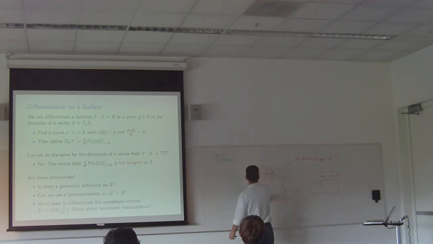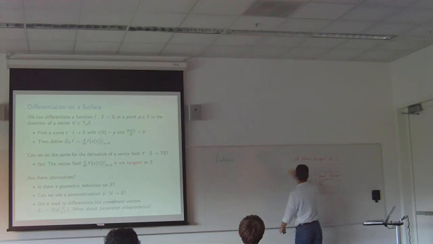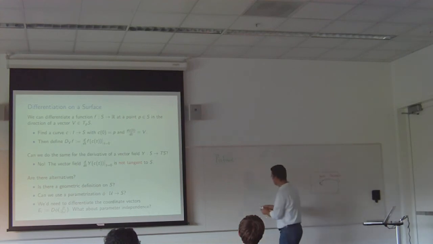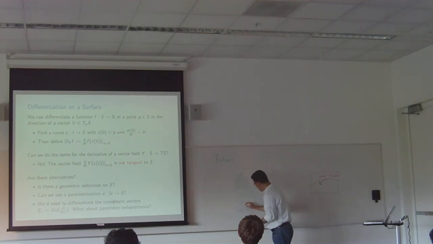Let me just reinforce what I said about differentiating the parameterization with the picture, because I'm not going to talk about it more, but it is still something important to realize. If this is your surface, and you have a parameter domain down here, and your parameterization, then you have the coordinate vector fields, right?